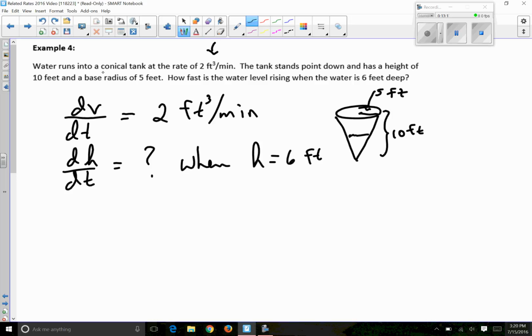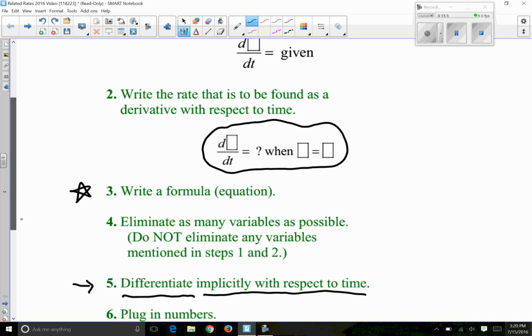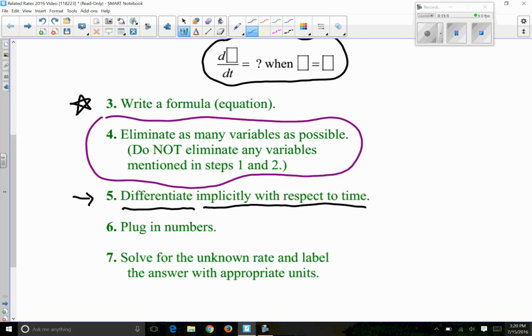The volume of a cone is 1/3 pi r squared h. Now, one of the steps in the list that we haven't used yet, I'll go back and look at the steps, is eliminate variables, but do not eliminate variables mentioned in the first 2 steps.